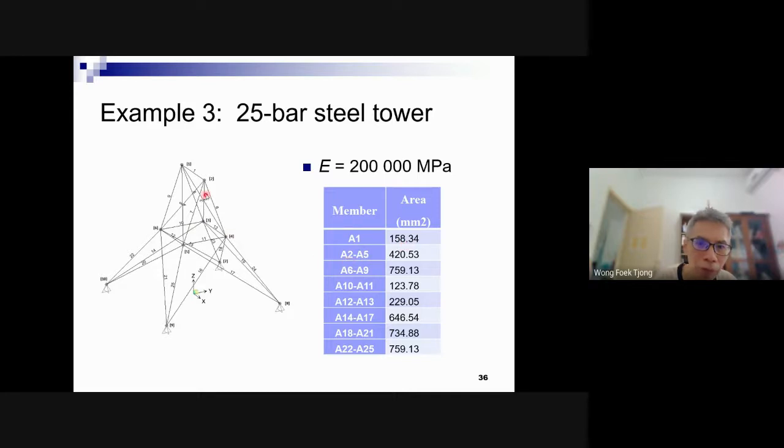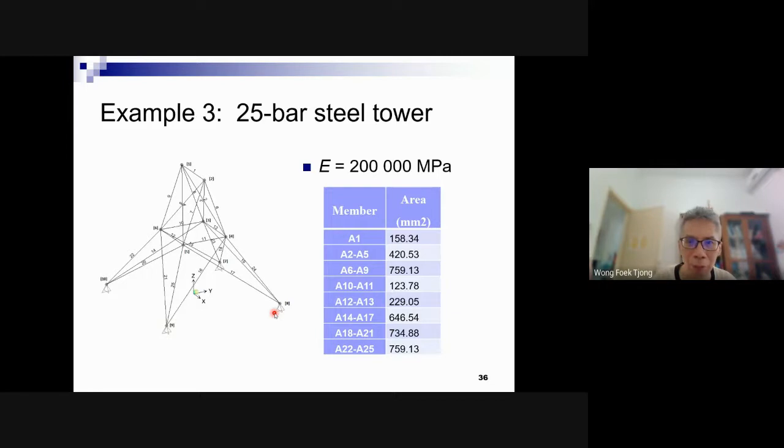Members 2 to 5, the diagonals, like bracing, okay? And then 6 to 9, this one. 6, 7, 8, 9. And then 10 to 13, this one. Another group is 14 to 17, and then 18 to 21. And the last is 25, this one, right?